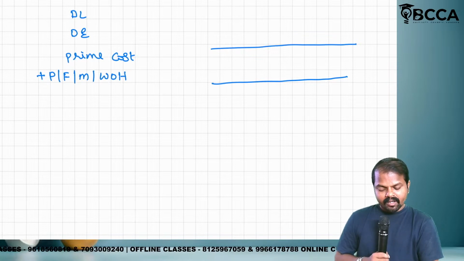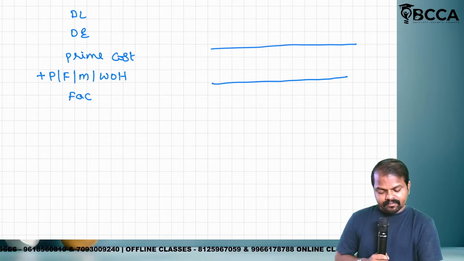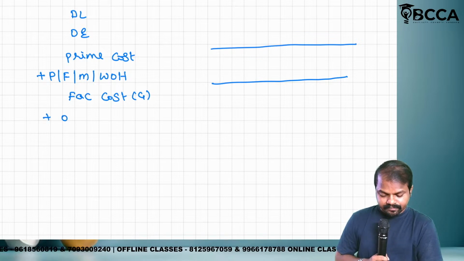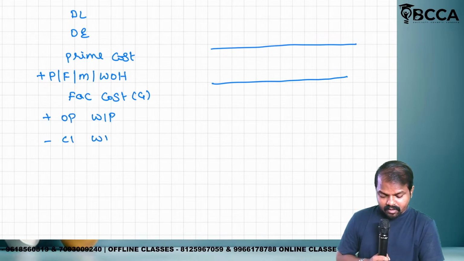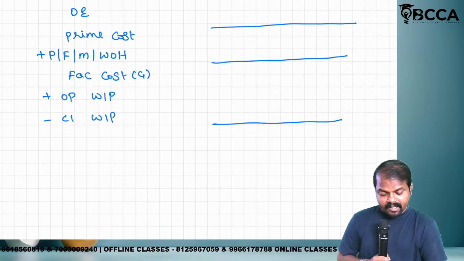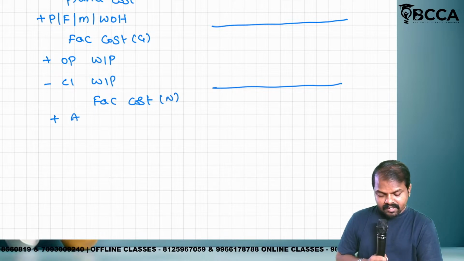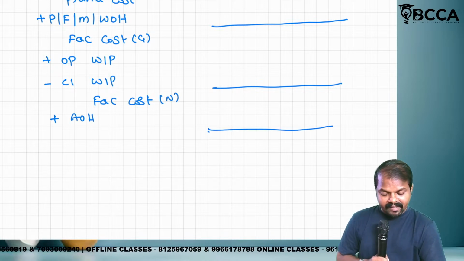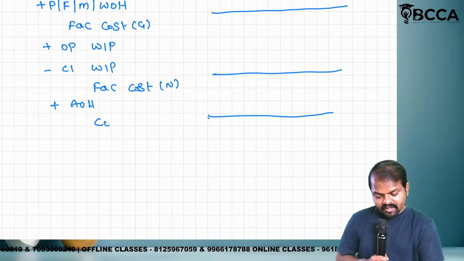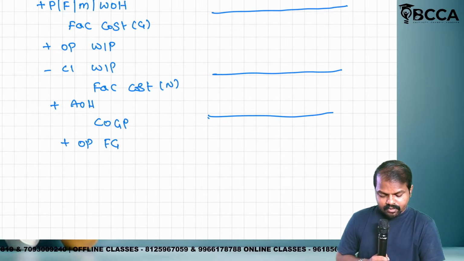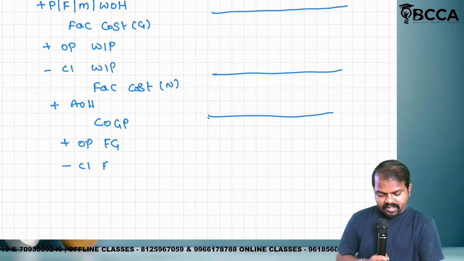Result will be referred as factory cost gross, plus opening WIP, minus closing WIP. Result shall be referred as factory cost net, plus AOH. Result will be referred as cost of goods produced, plus opening stock of finished good, minus closing stock of finished good.